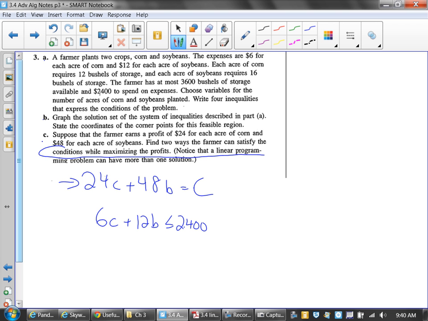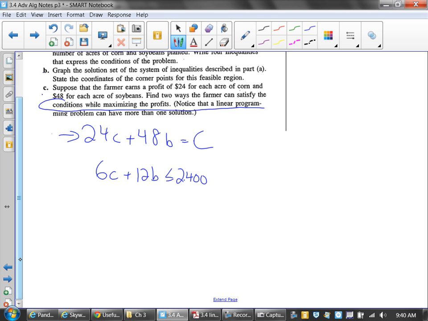This one was kind of buried at the very bottom. Like I said, this was just a real old text, so it wasn't formulated like the newer one. So we're just trying to use it as an extra example. The rest of the ones that we do from here on out are pretty specific. Let's see here. Was it 12 and 16 less than or equal to 3,600?